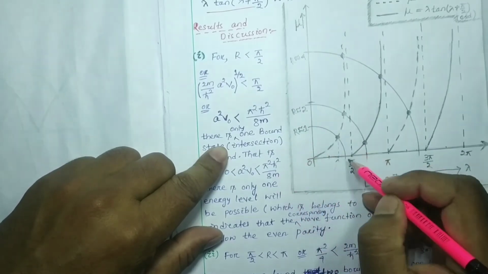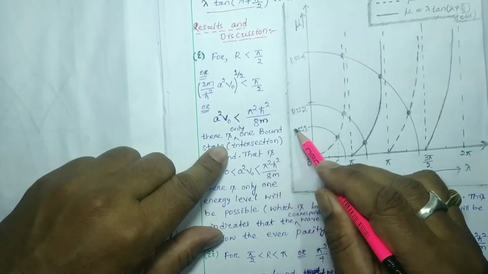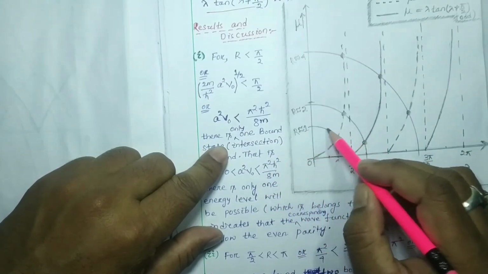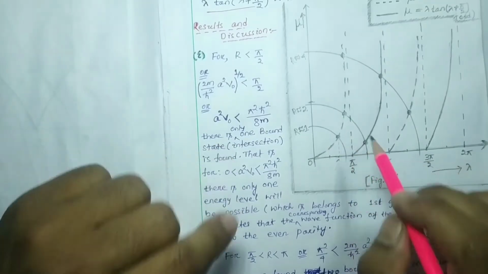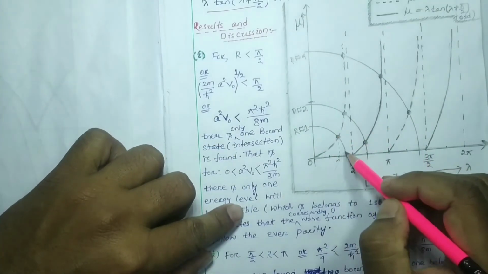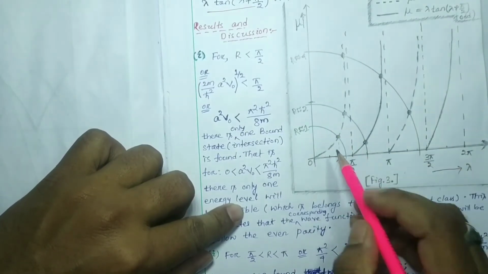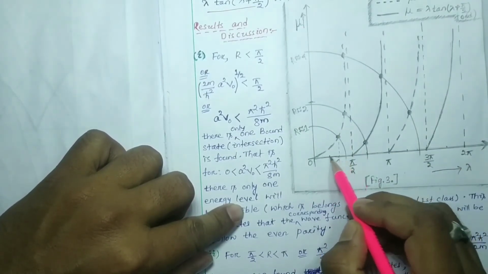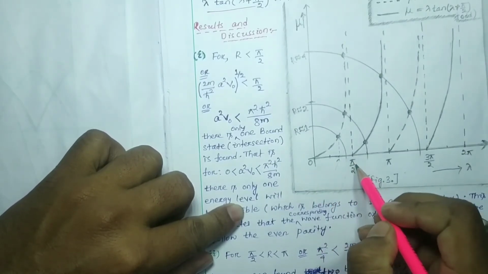I just drew this much. No need to draw a whole circle, but because we are searching the roots in the first quadrant, I have drawn this portion of the circle over here. The center is here, and the radius of the circle is less than pi by 2.